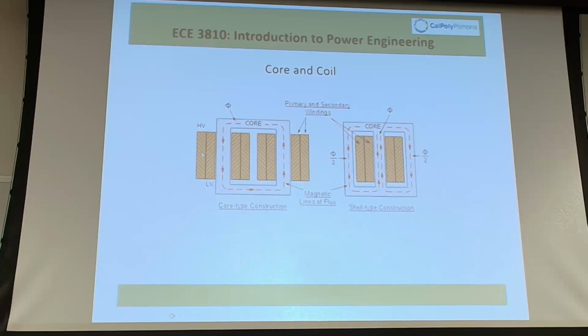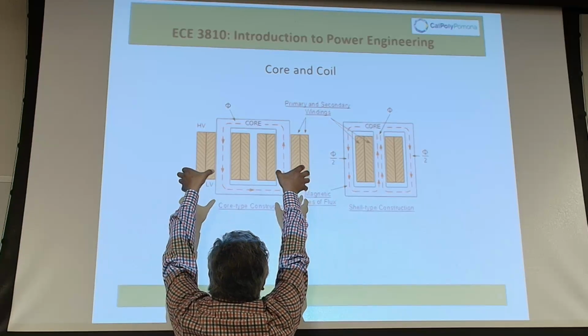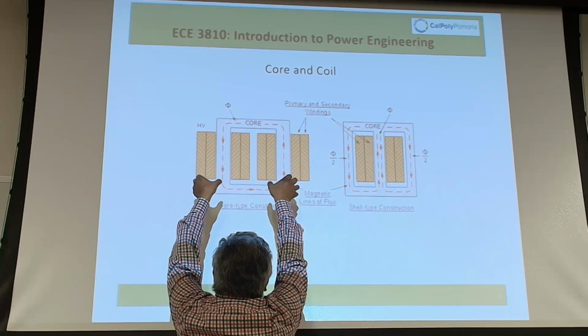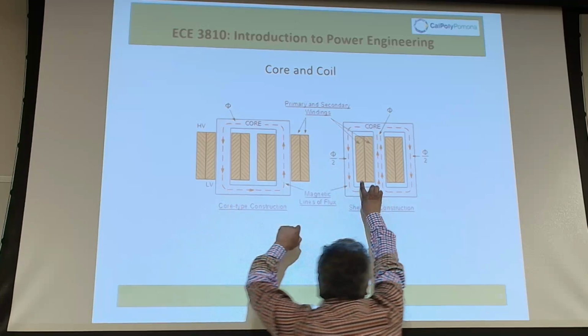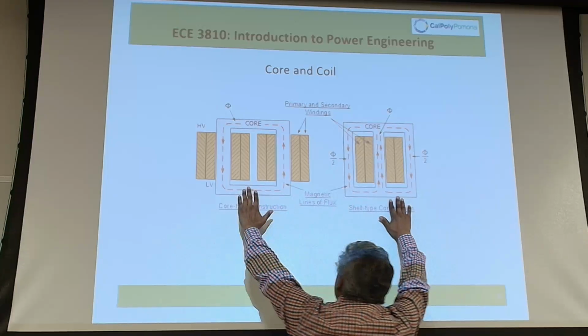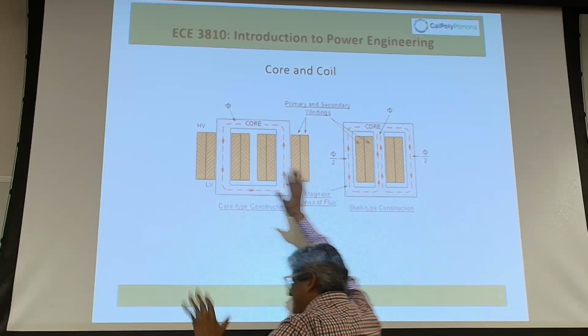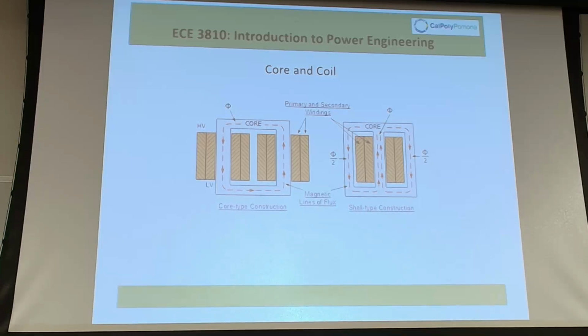On the core type, you have this leg and this leg, and the windings are wrapped around these two legs. Whereas on a shell type, there's nothing on these outside legs. This depends on the company and on the utility. Some utilities prefer core type.